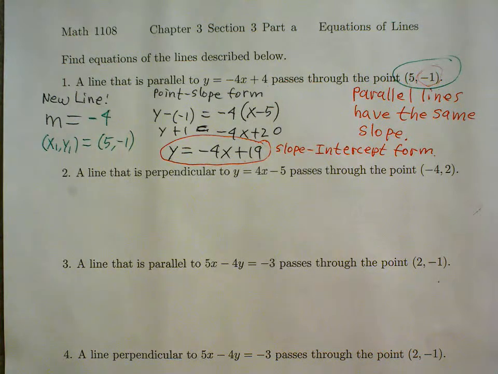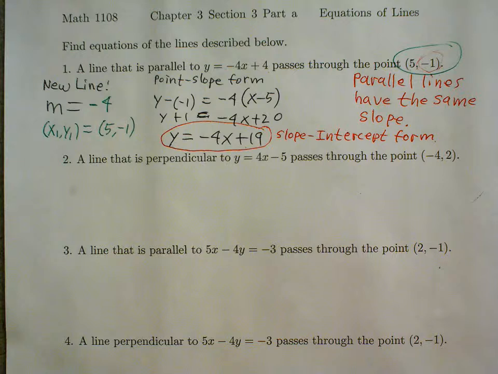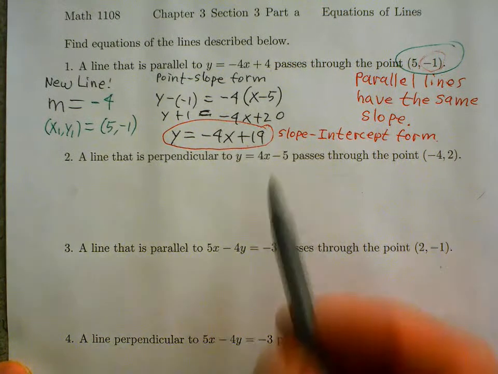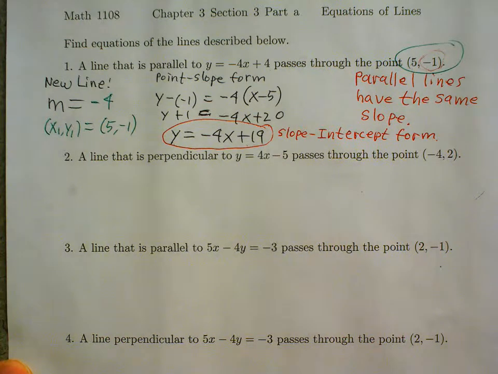Okay, number 2. A line that is perpendicular to y equals 4x minus 5 passes through the point -4, 2. The slope of the given line is +4. You can think of that as 4/1.